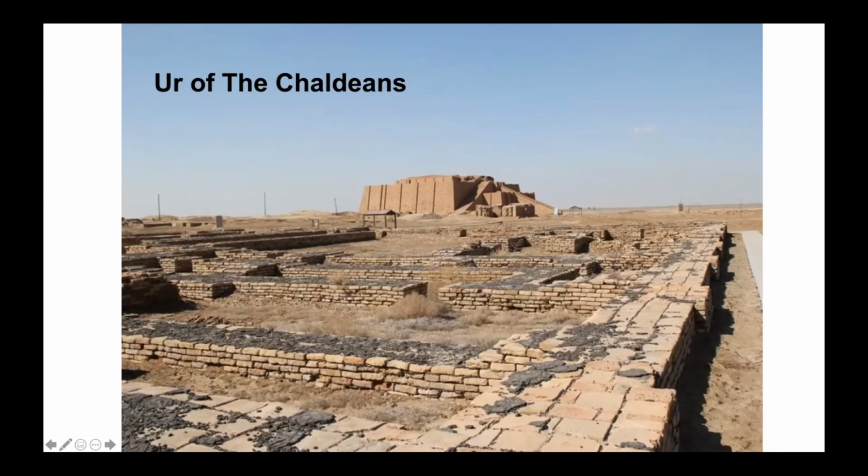Ur is 3,800 BCE. Abraham is only 1,800 BCE, which means around 4,000 years from today. So it was a big power in ancient times. It's one of the oldest cities in the world.